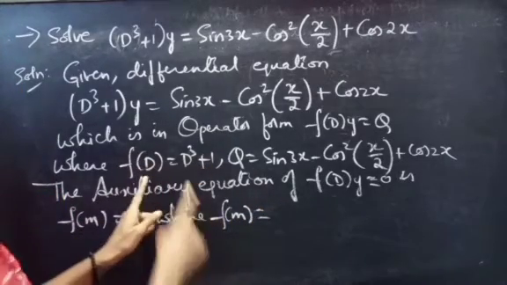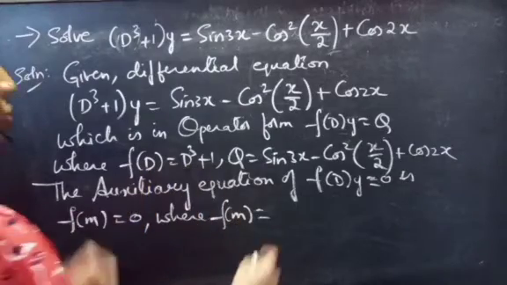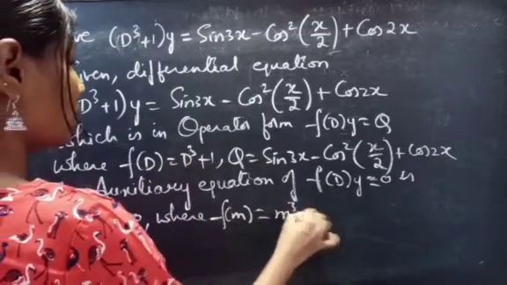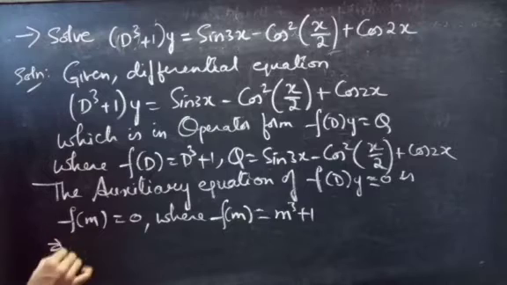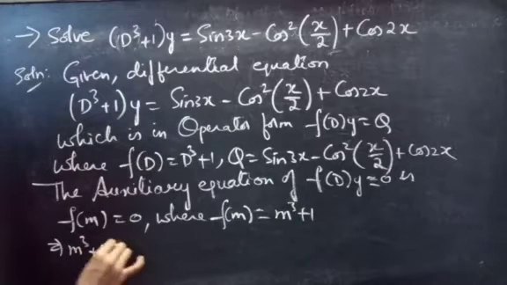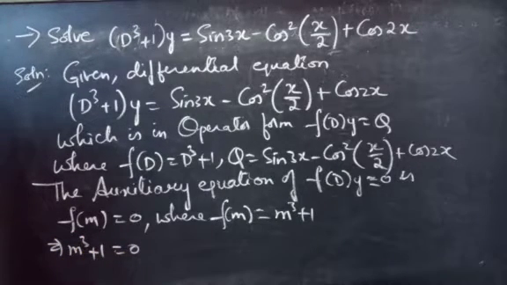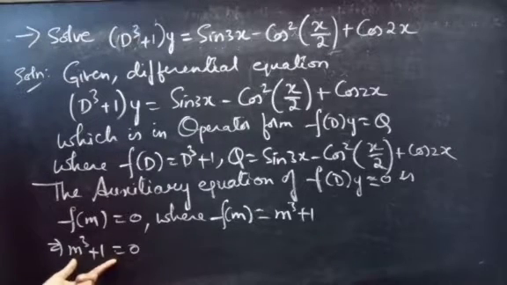So let's replace the differential operator by m, so that we'll get f(m) = m^3 + 1. Then m^3 + 1 = 0. Right?